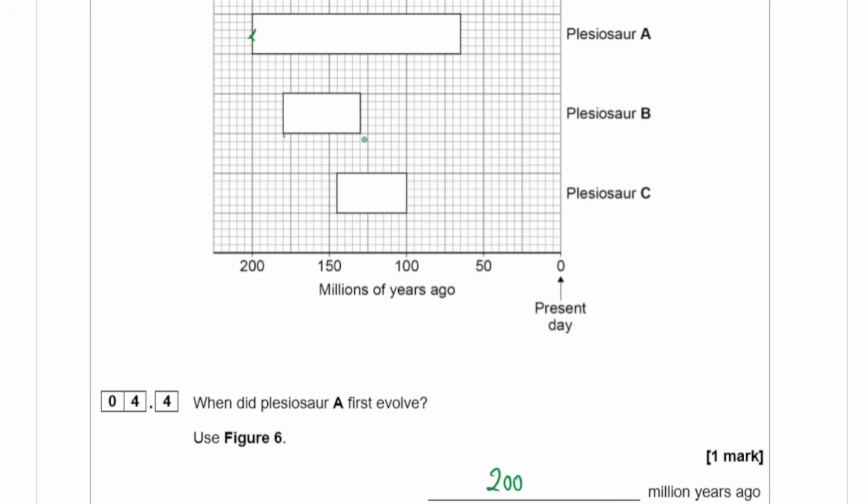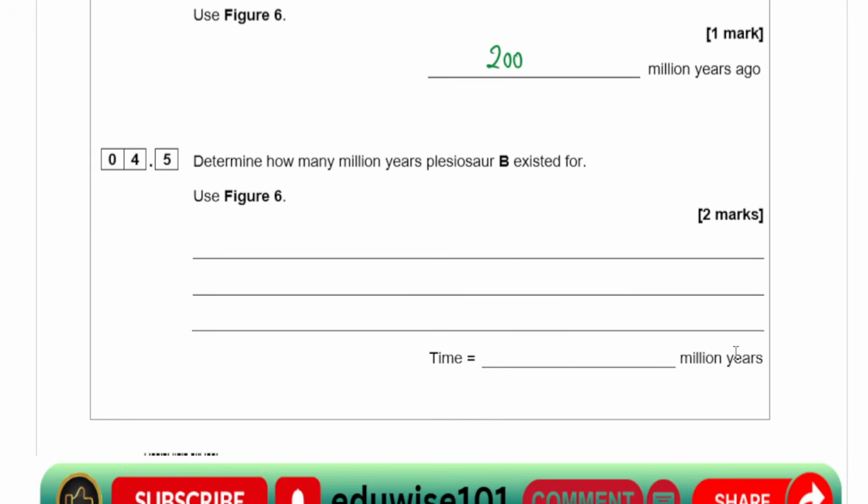We got 10 boxes. So between 0 and 50, that's 10 boxes. That's each box is 5. So that would be 10 times 5 is 50 million years.